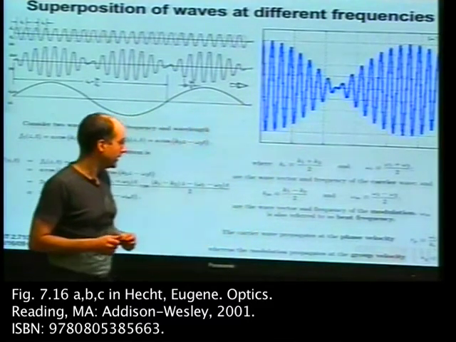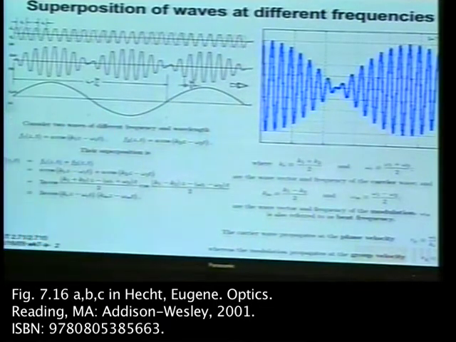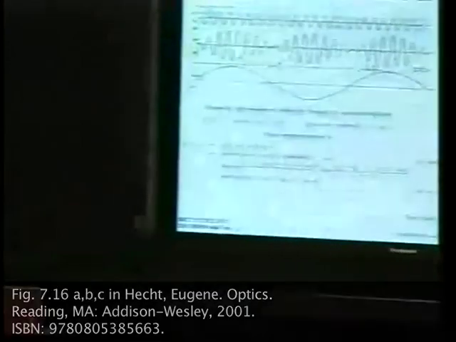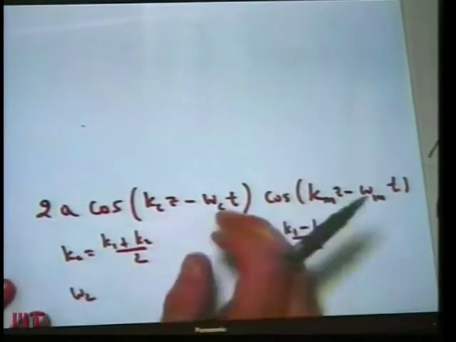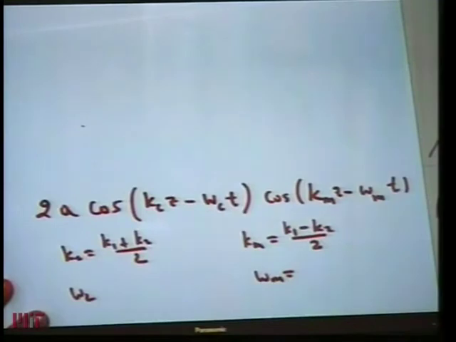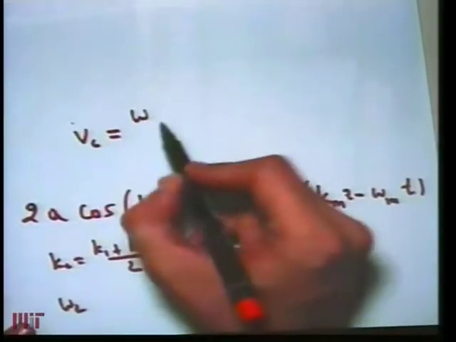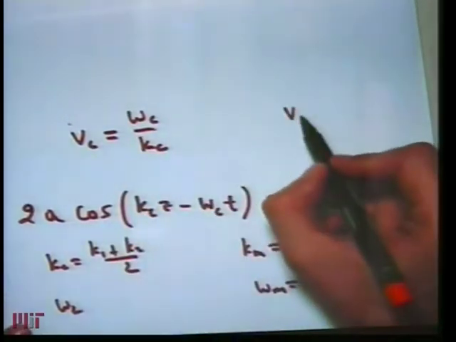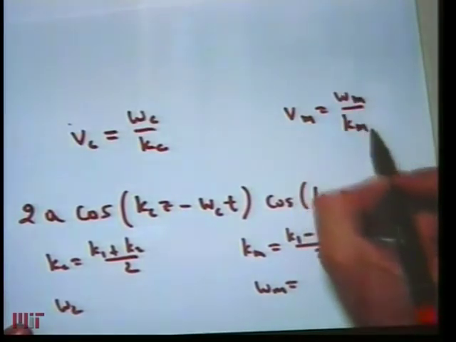Okay, each one of those is a propagating wave. So the velocities will depend on which wave I'm talking about. For example, the velocity of the carrier will equal omega of the carrier divided by k of the carrier, and the velocity of the modulation will equal omega of the modulation over k of the modulation.